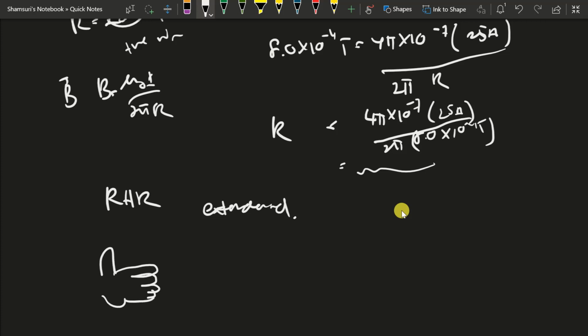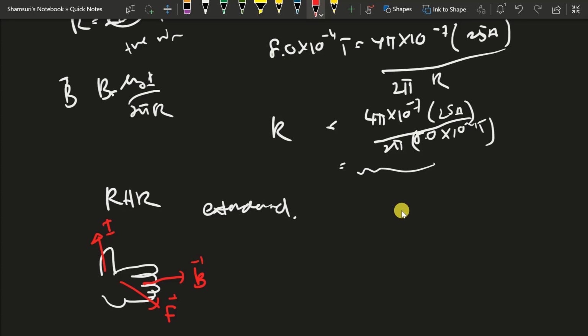Maybe the red color here is the current, this one is the magnetic field, the B, and then your palm itself is the force.